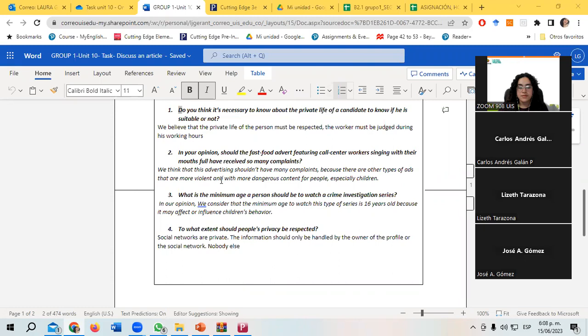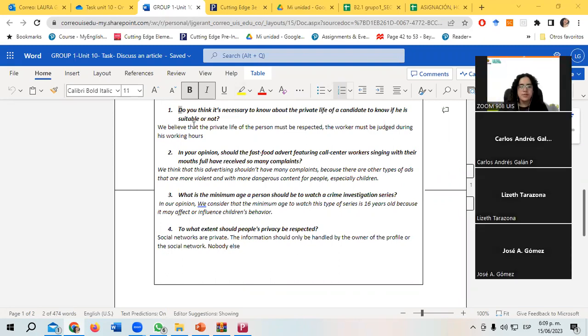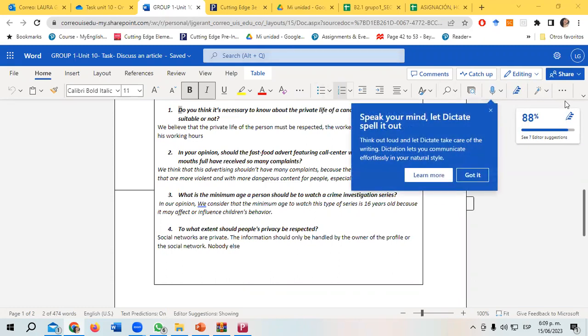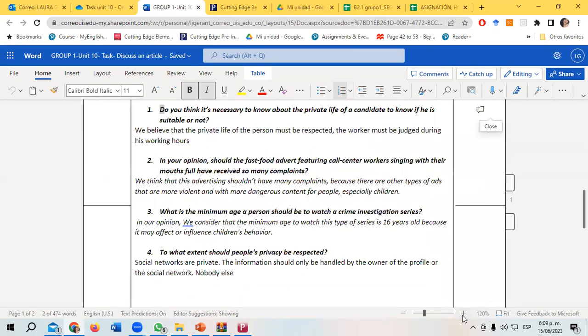Number 1, do you think it is necessary to know about the private life of a candidate to know if he's suitable or not? We believe that the private life of the person must be respected. The worker must be judged during his working hours.